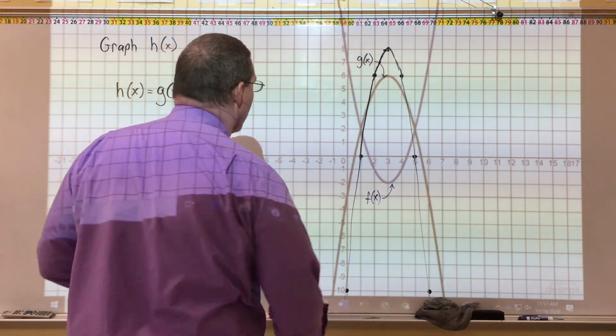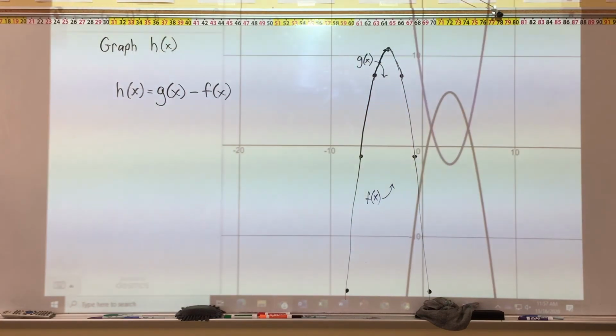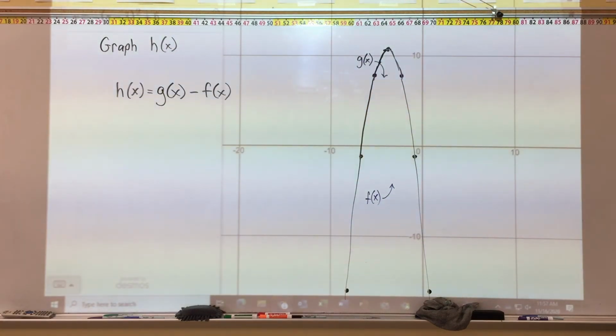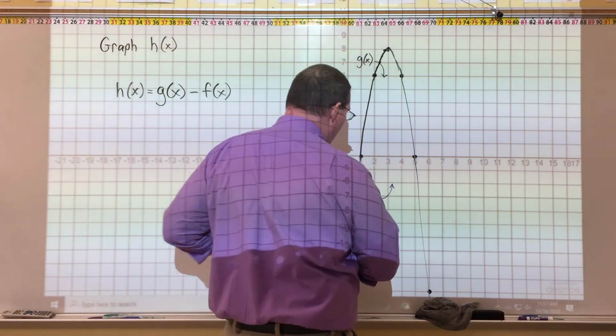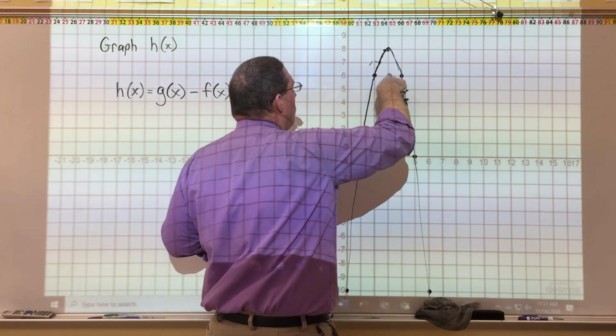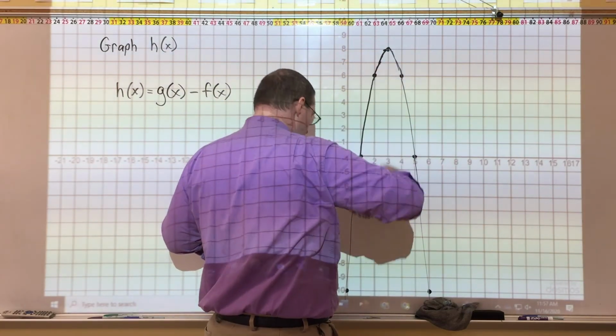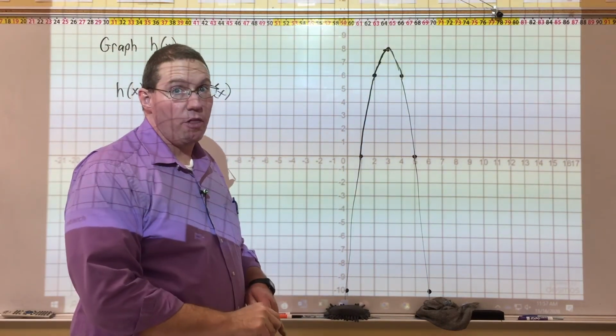Now here's something interesting I want to show you. I'm going to go ahead and remove these other two graphs temporarily. What this graph is showing you is the distance with g of x on top and f of x on the bottom.